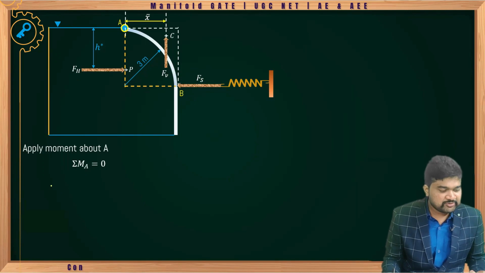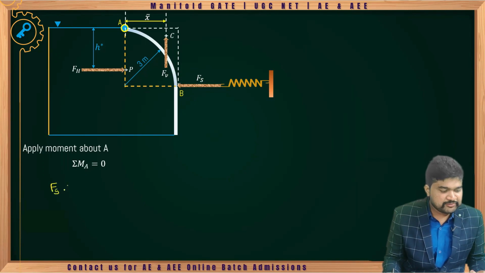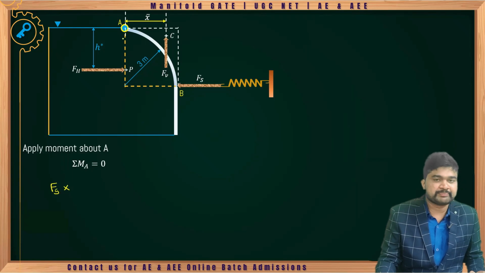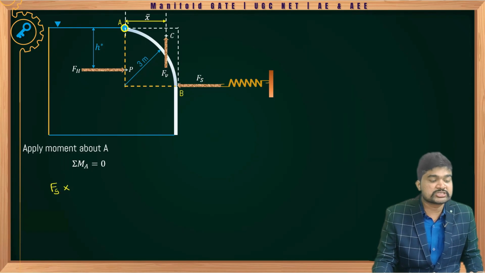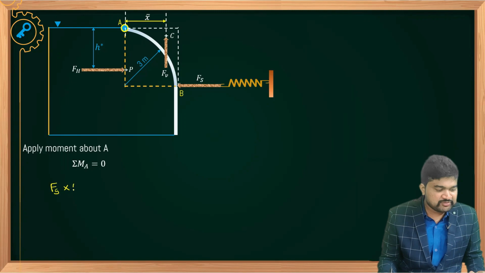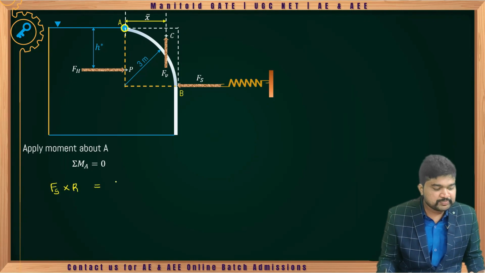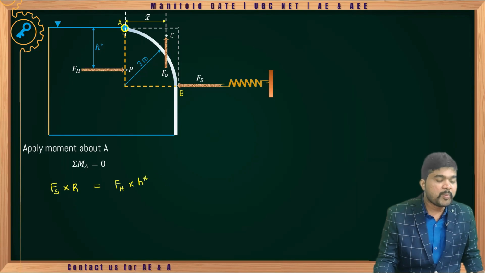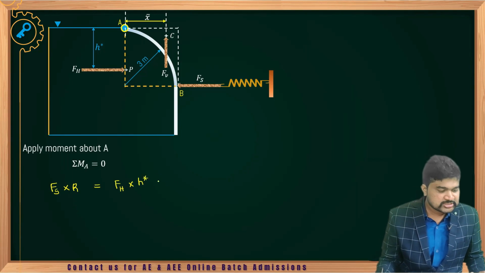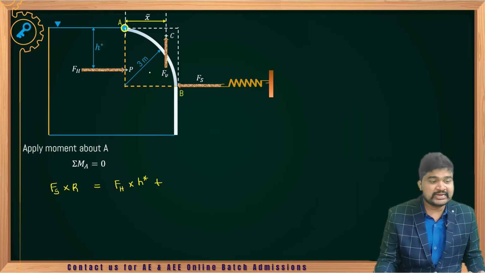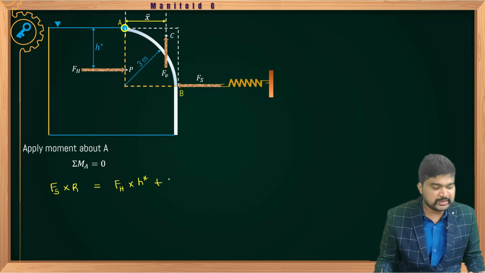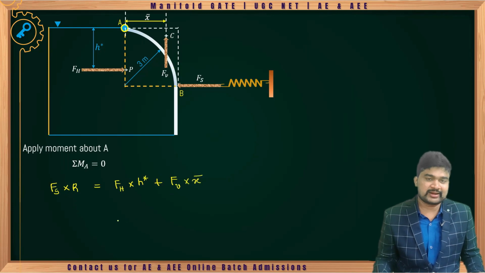Now tell me, FS into radius, that is the moment of spring force about point A, that is clockwise, is equivalent to FH into H star, you are applying moment about the hinge, plus this is also anti-clockwise, moment of FV into x bar.